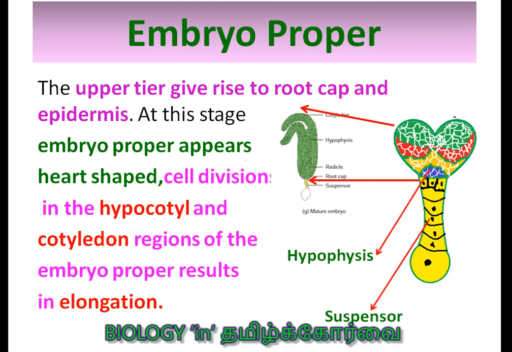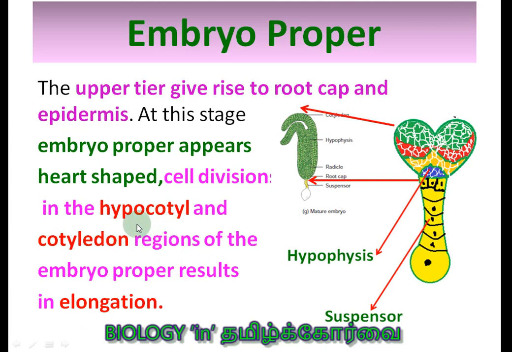And another structure you know very well, epicotyl. Epicotyl is the portion of the embryo which connects the plumule and the cotyledon node. The cotyledon is the first pair of leaves formed. The place where it is attached to the embryo is called the cotyledon node.